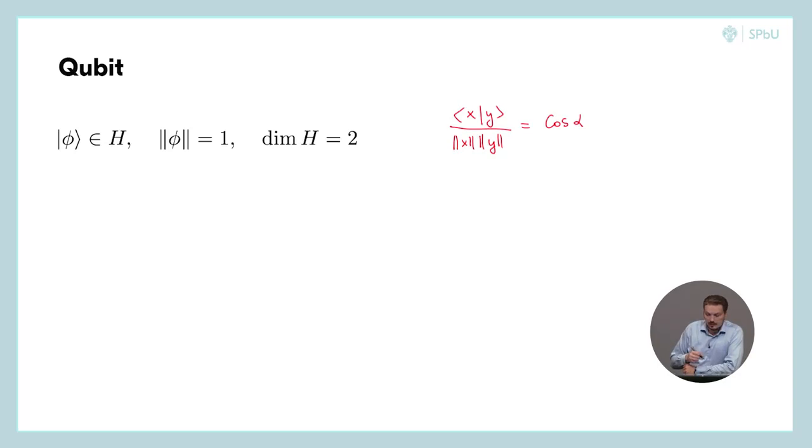And if we try to define the angles in the Hilbert space over the complex numbers, then it might happen that this dot product is a complex number, and we don't want complex cosines, so we are going to place the absolute value or modulo here to define the cosine of an angle between two vectors.